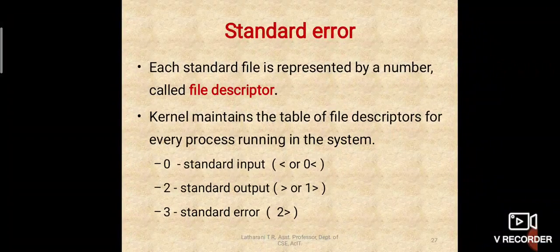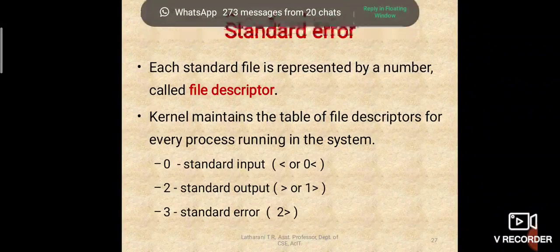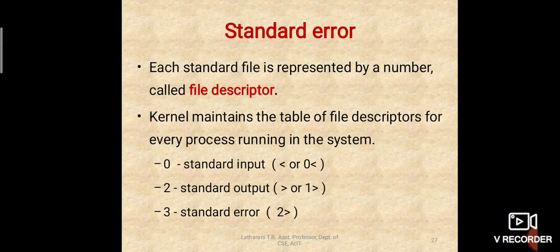A file descriptor is nothing but a number given to all the open files used in the Unix system. Which are the files you have opened currently, for all of them a file descriptor will be given. A file descriptor is nothing but an integer, and it will be used for accessing that file.